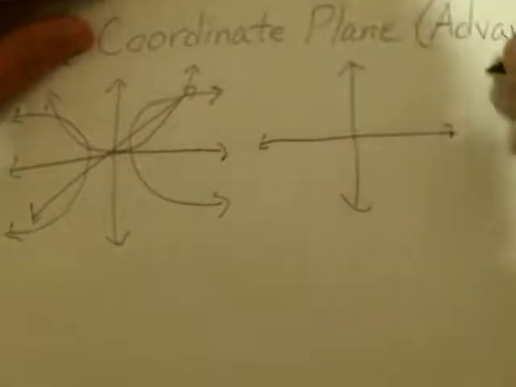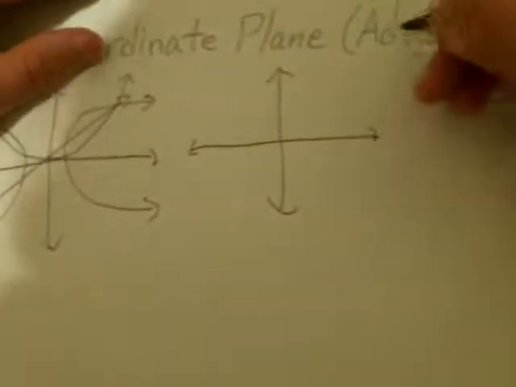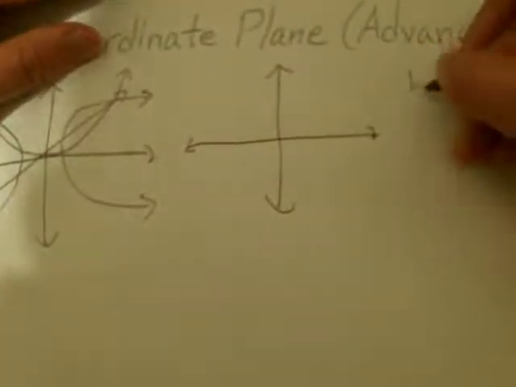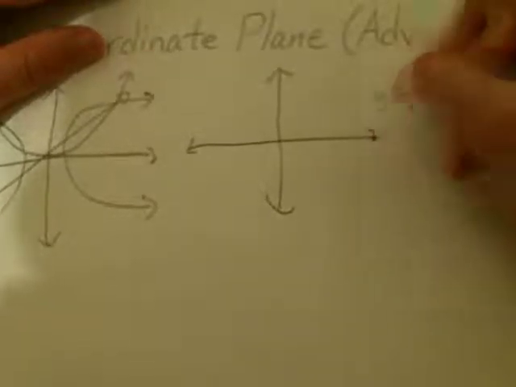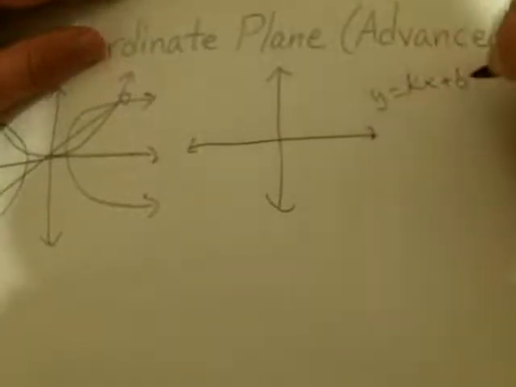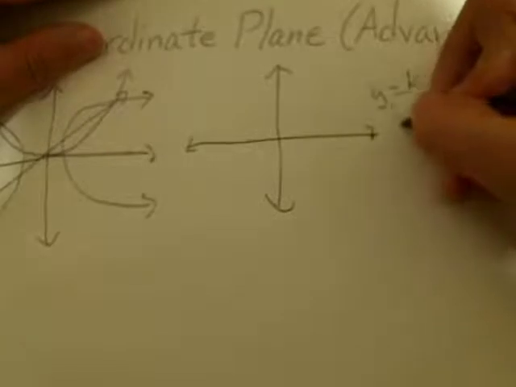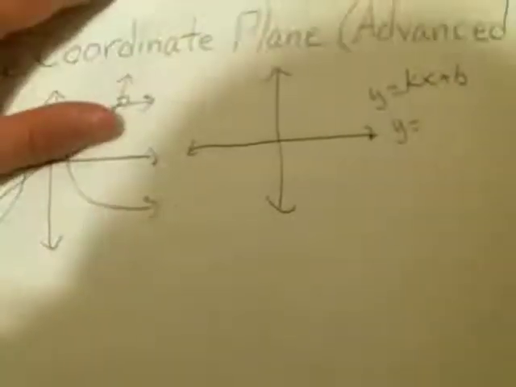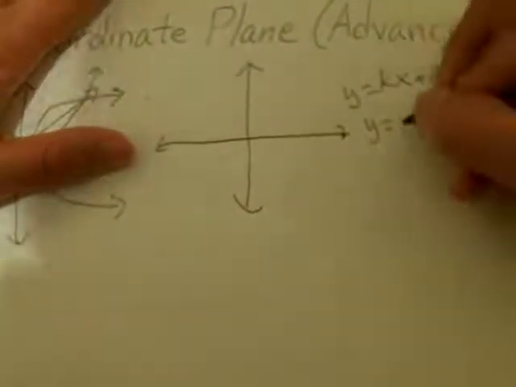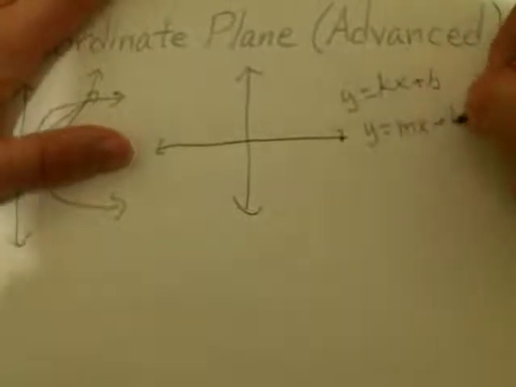with graphing the slope function, which is y equals kx plus b. Note that it is sometimes also represented as y equals mx plus b.